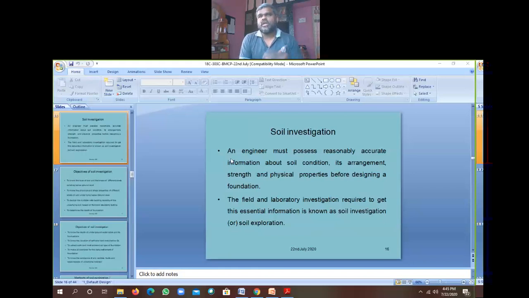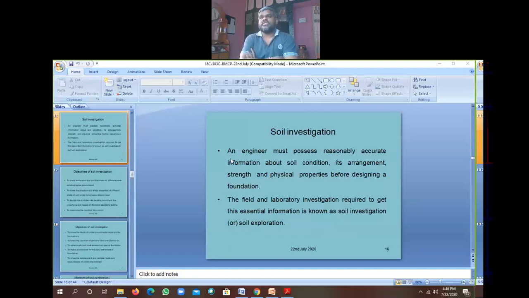Why? Because all loads coming on the building, like live loads, dead loads, wind loads, snow loads, earthquake loads, are transmitted to the foundation, and the foundation transmits the same loads to the ground. So if the ground is weak, there is a possibility of settlement of the building.